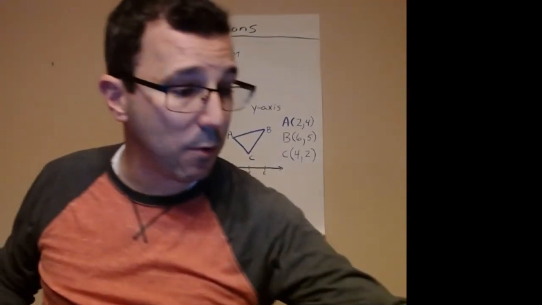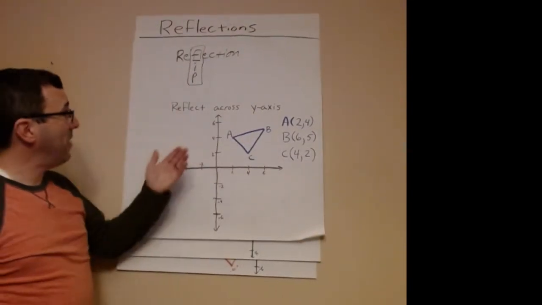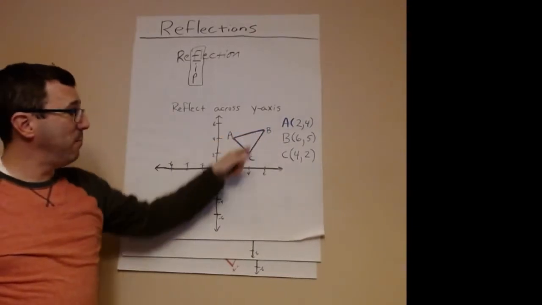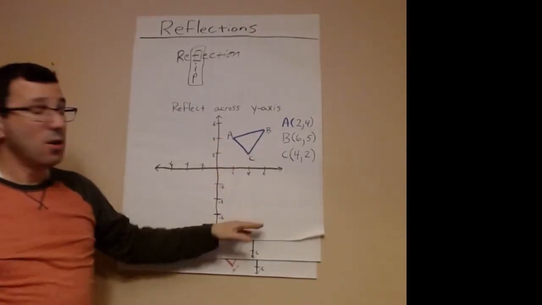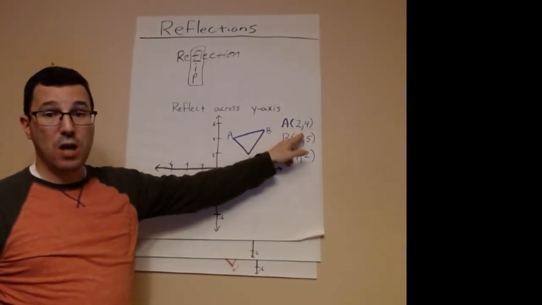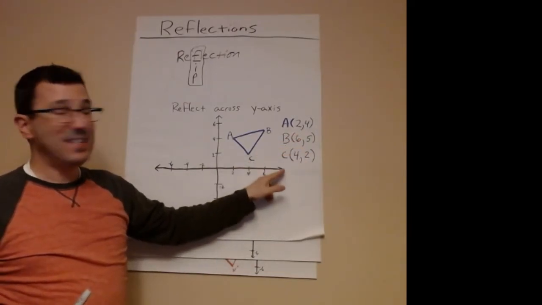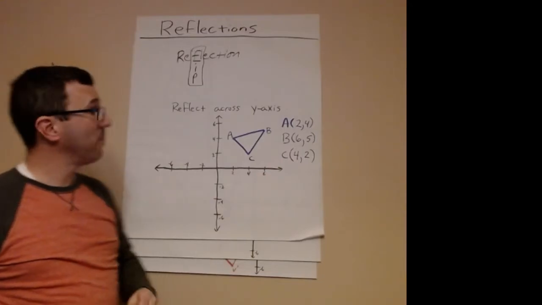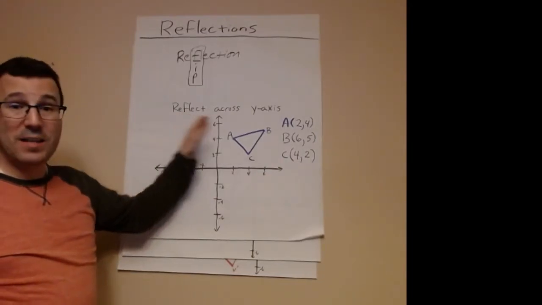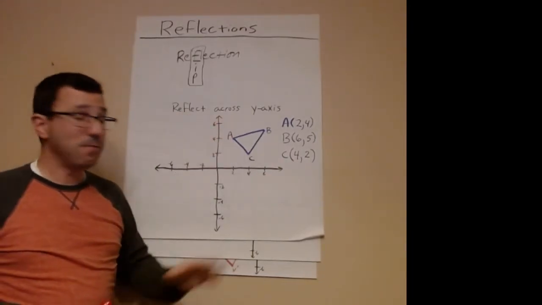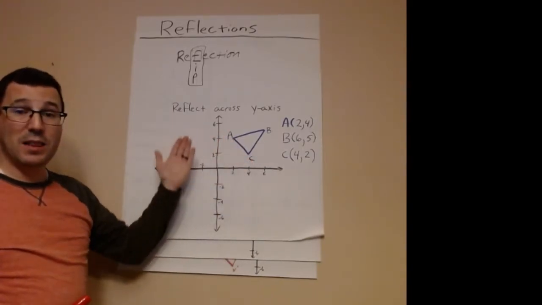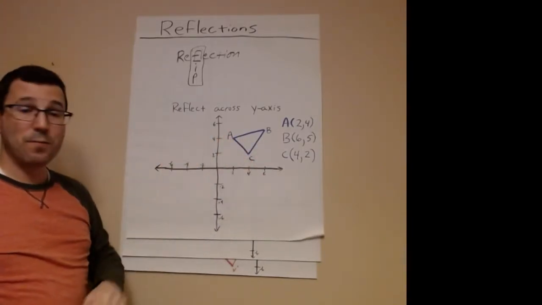So, for example, we have here triangle ABC with points A (2, 4), B (6, 5), and C (4, 2). When we reflect it across the y-axis, that's going to be a left-right flip.